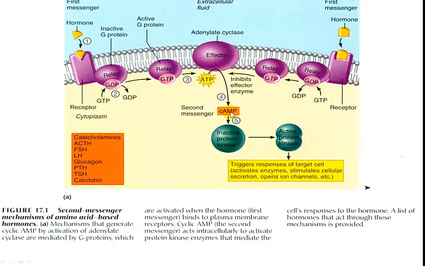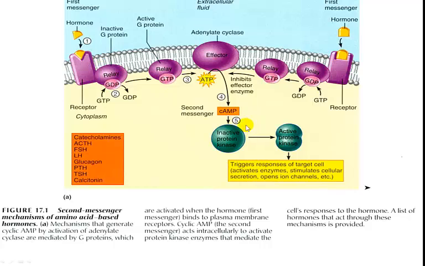In this case, adenylate cyclase, ATP is converted to cyclic AMP. Downstream of that, the inactive protein kinase A, for the A in cyclic AMP. And then that activates the protein kinase, and it triggers responses of the target cells, activates enzymes like the FSH and LH on steroid synthesis, stimulates cellular secretion, opens ion channels, right?